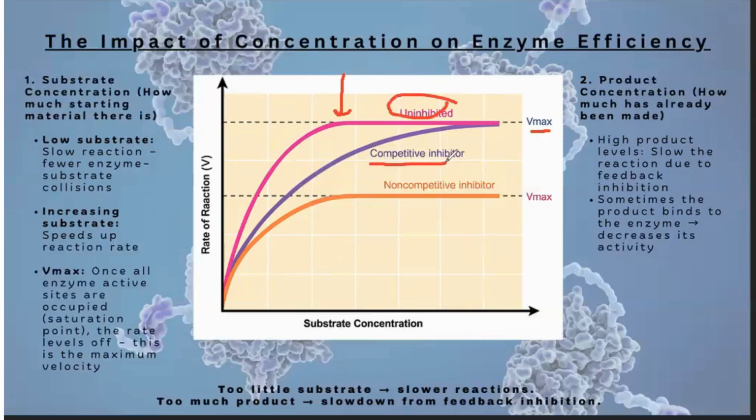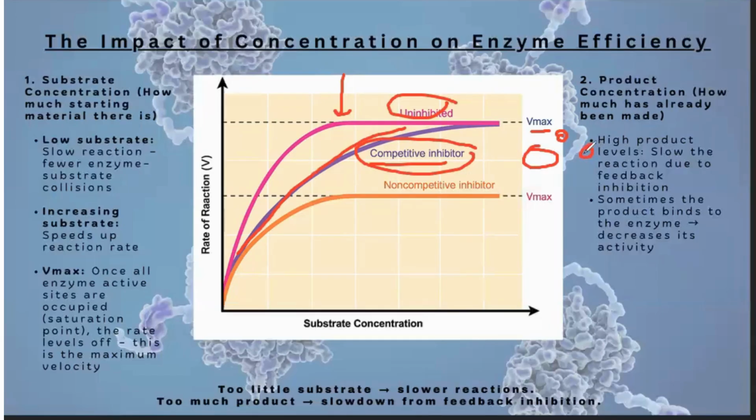Now with a competitive inhibitor, you have this tapering that wants to get there, but what ends up happening is you're competing for that spot because you not only have the substrate itself, but you have this other competitive inhibitor.